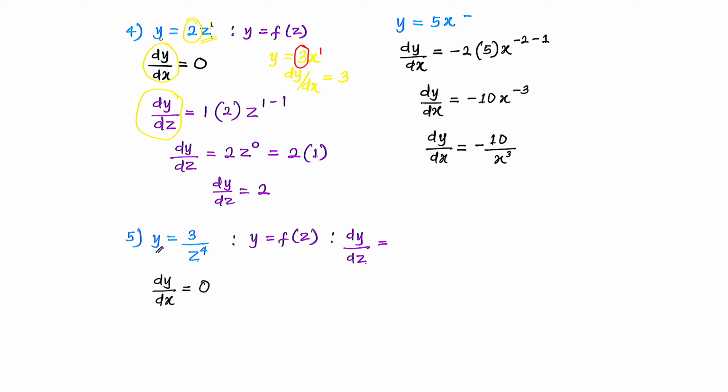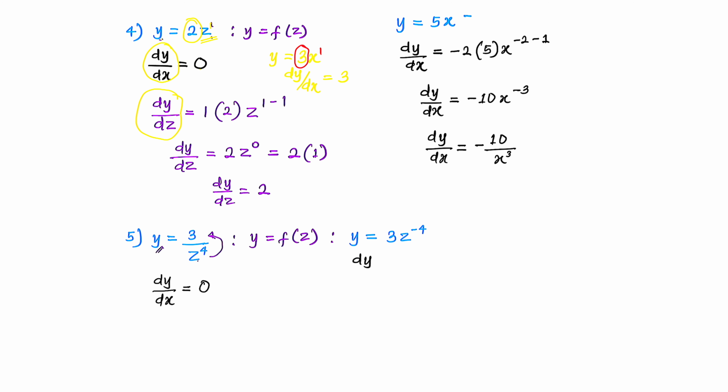As we've mentioned before, if the variable we are taking the derivative with respect to is at the denominator and we are not using a quotient rule, before we can take the derivative, we have to bring the variable back to the top. So the function has to be rewritten again. So it becomes y equals 3z raised to power negative 4. Now we can take the derivative with respect to z.